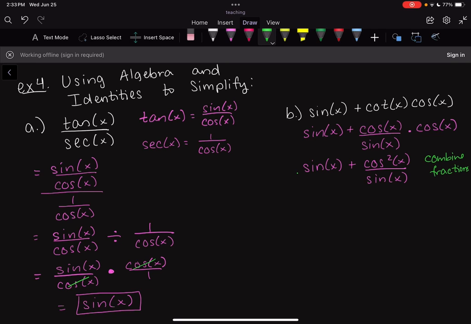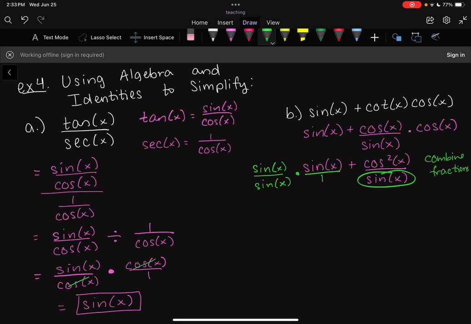I need to multiply this sine by something. Remember, this is technically over 1. If something does not have a denominator, you can write it over 1. And I want to multiply it by something so that it would have the same denominator as over here. I can multiply by sine x over sine x.